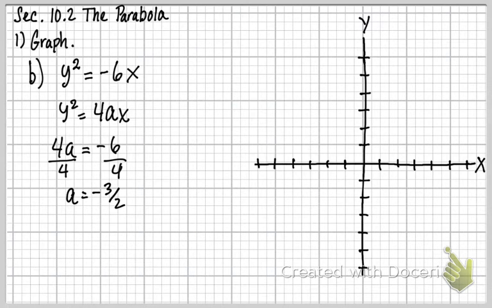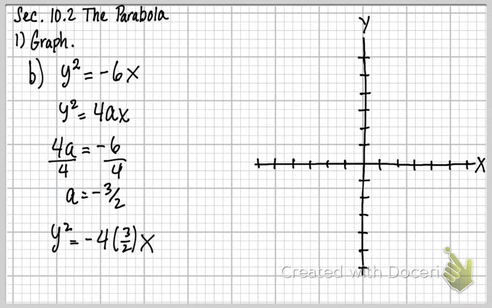I don't usually put the negative on the 3/2, but I can simply write y squared equals negative 4 times 3/2 x. And the negative says this is going to open to the left.